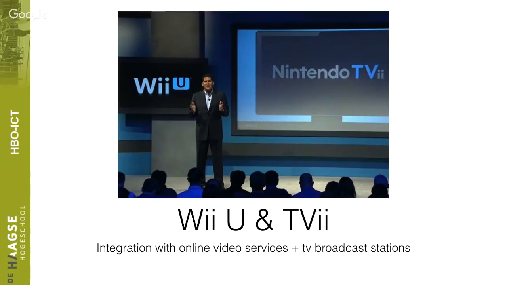So when the Wii U first came out, Nintendo claimed that the Wii U would be the entertainment hub center for your home. All your TV would flow through your Wii U. And on the screen of the Wii U, you could already see all your programs, all the shows, all the schedules. Basically you could run your whole TV entertainment through your Wii U.